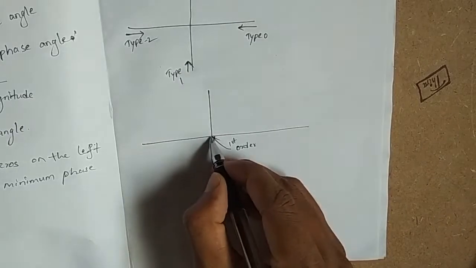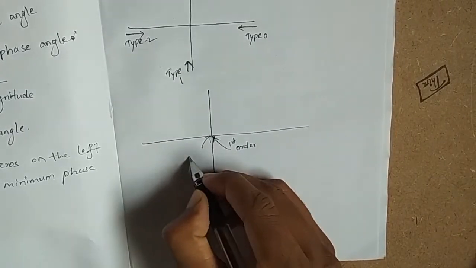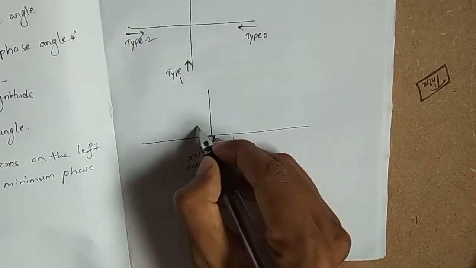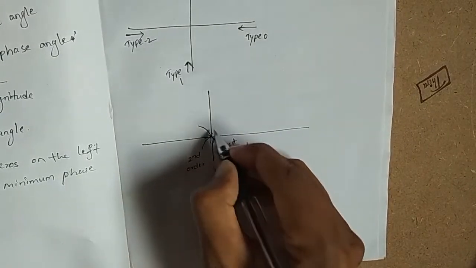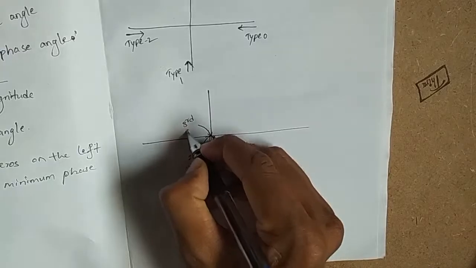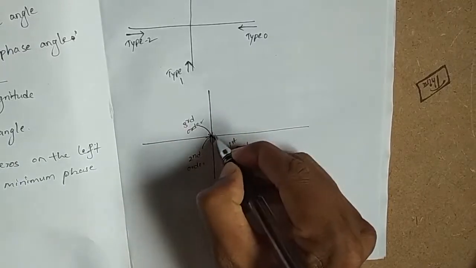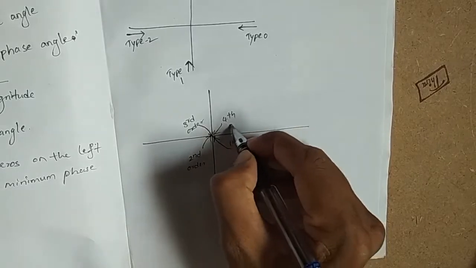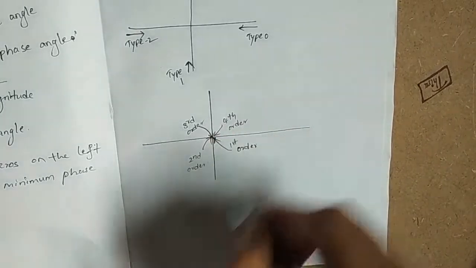Then for second order, third order, fourth order, and it repeats continuously.